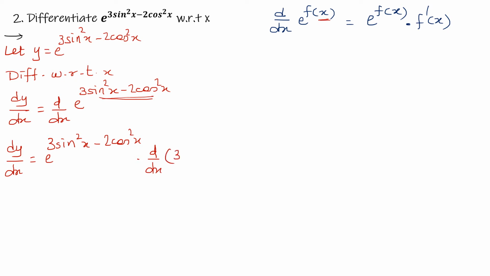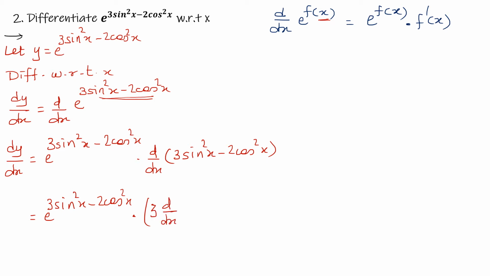So the derivative of 3 sine square x minus 2 cos square x can be written as e raised to 3 sine square x minus 2 cos square x into, now I have to deal with the derivative of 3 sine square x. So 3 is a constant, out; this is the derivative of sine square x, minus 2 is out, and the derivative of cos square x.